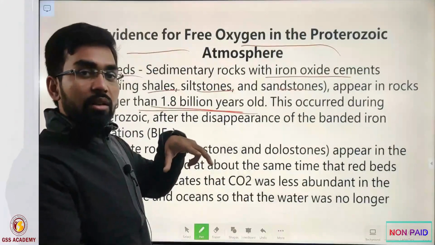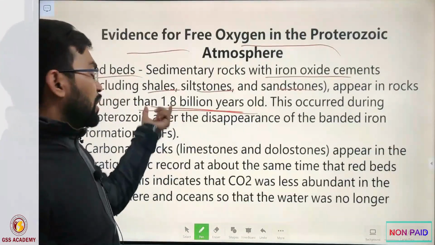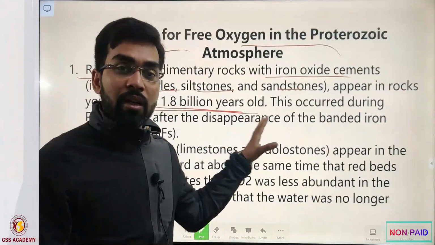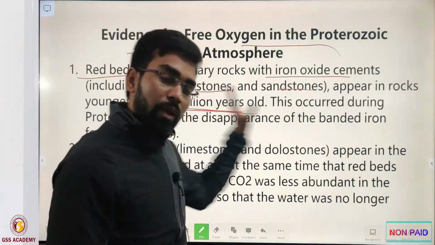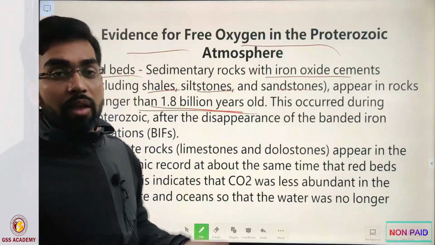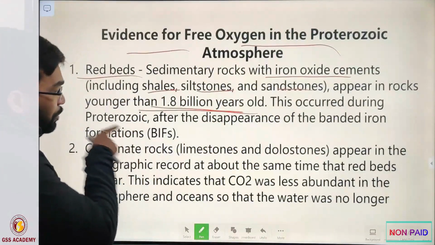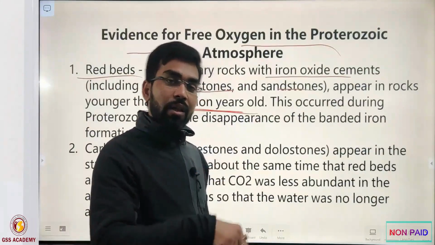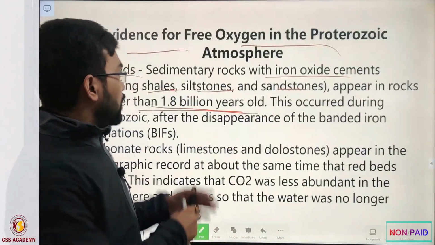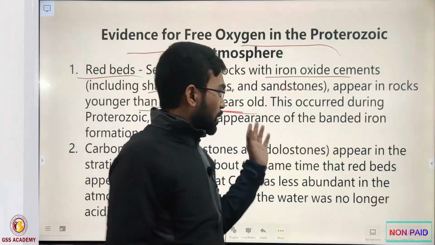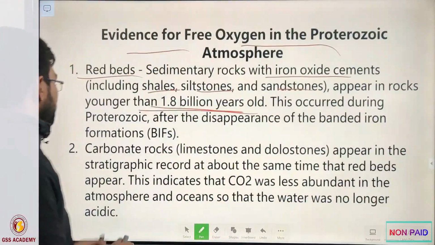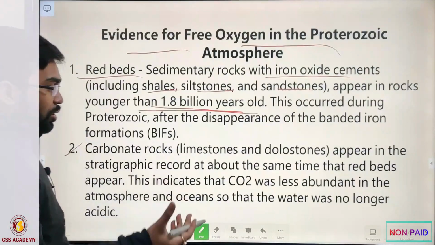Now when we enter the Mesoproterozoic, 1600 million years to 1000 million years, the age is called the Mesoproterozoic. From the Mesoproterozoic, the evidence of free oxygen in the atmosphere can be seen by the presence of red beds. The next one is carbonate rocks.